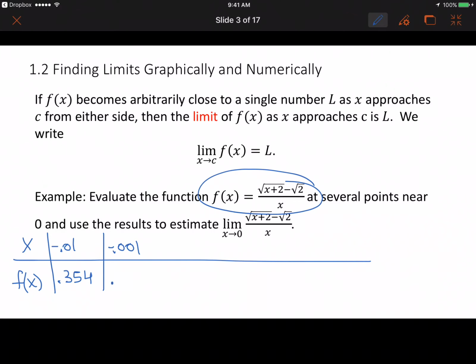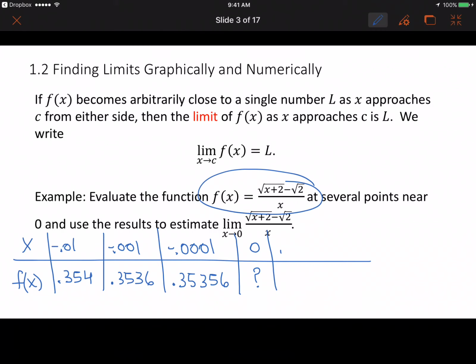I got 0.3536. And how about negative 0.0001? I got 0.35356. We're not sure what happens at 0.